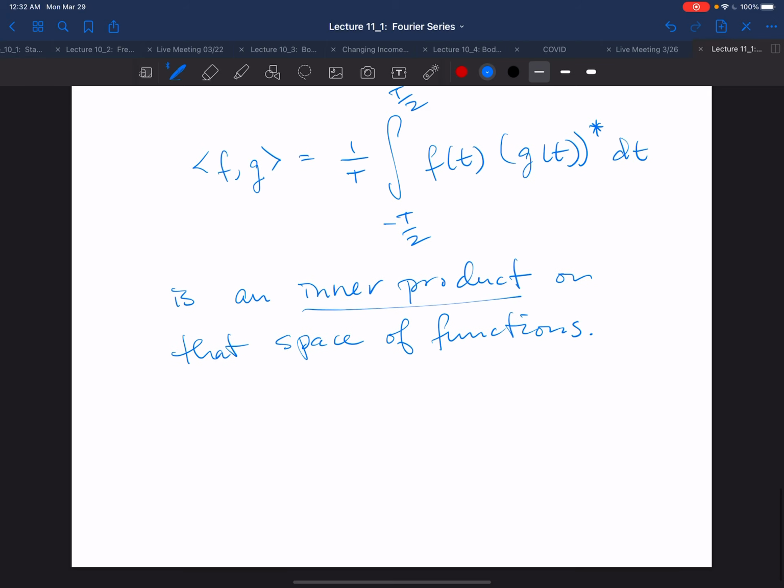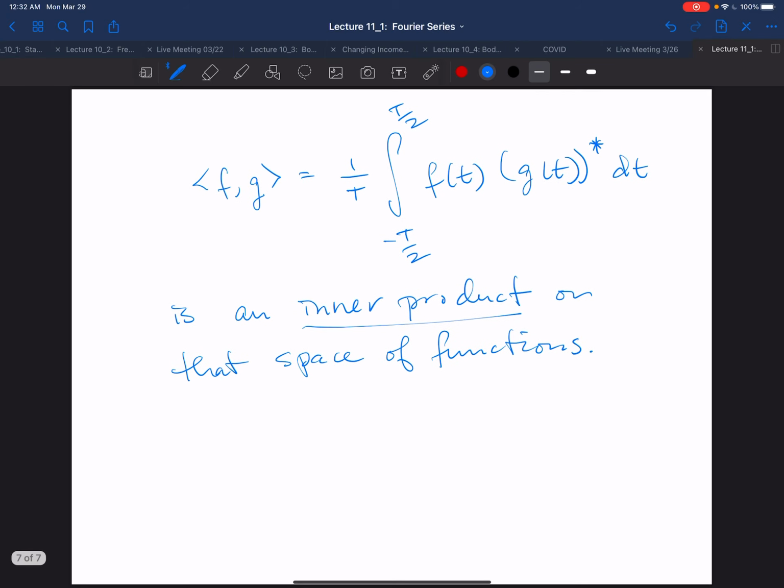First of all, we're going to note that under this inner product, the complex exponentials that we're going to use form an orthonormal basis of a subspace of this inner product space. So of course these are all themselves piecewise smooth functions because they're smooth functions.